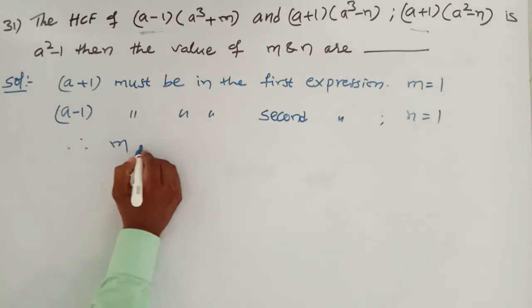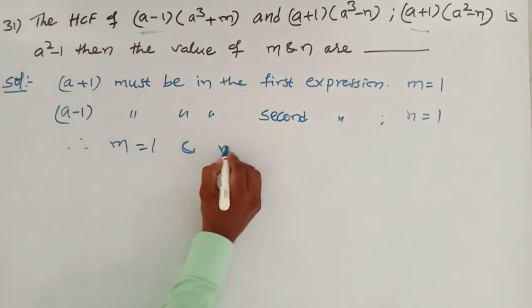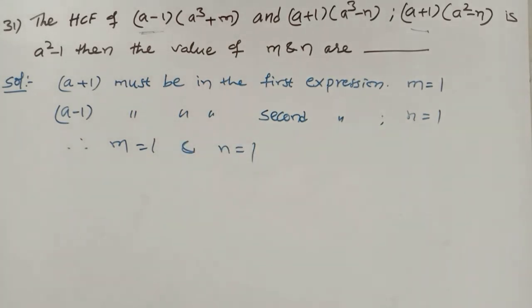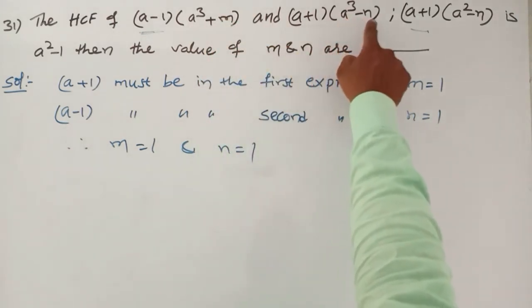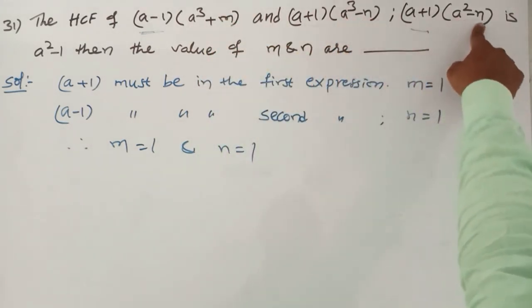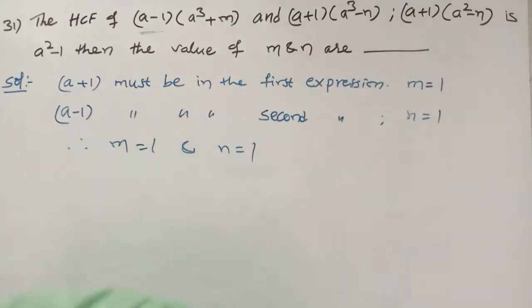Therefore m is equal to 1 and n is equal to 1. Because here a cube plus 1 cube, here a cube minus 1 cube, and here a square minus 1 square, automatically I get the same expansion. This is question number 31.